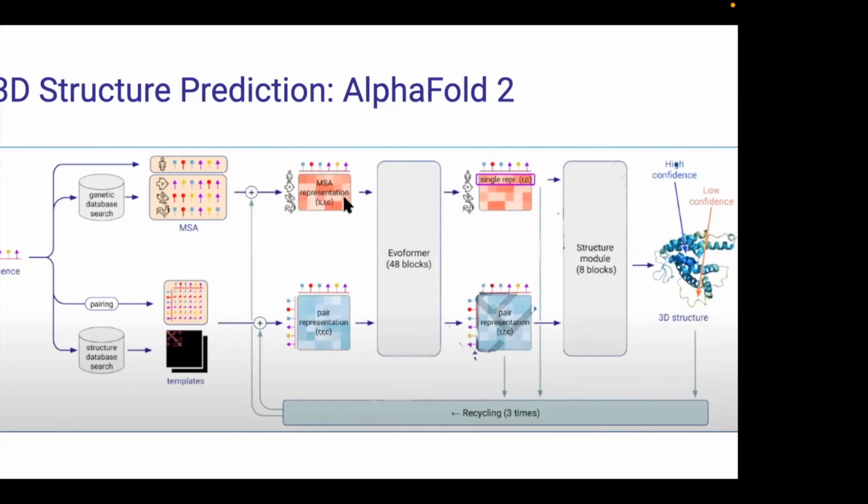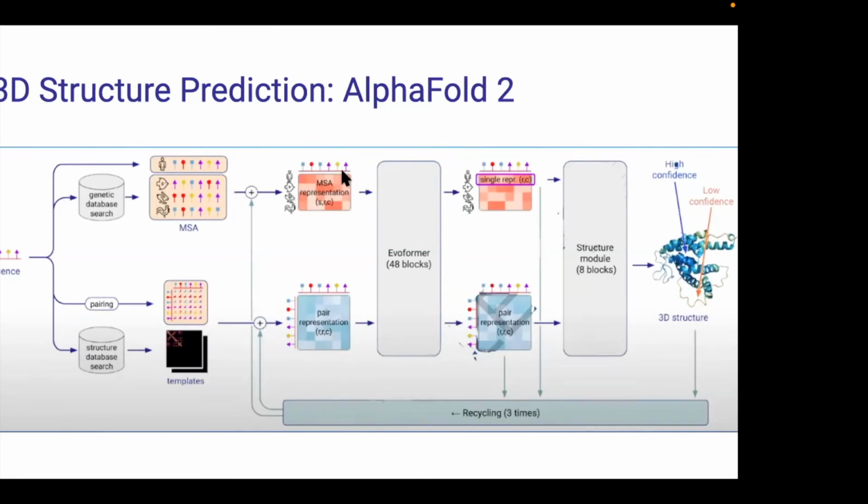So then we give this MSA representation and pair representation to an Evoformer. Evoformer is kind of like a transformer. And this AlphaFold 2 could take its own presentation as a whole, but what it does have is 48 different blocks, which are not at all recurrent. Each of them have different weight initialization.